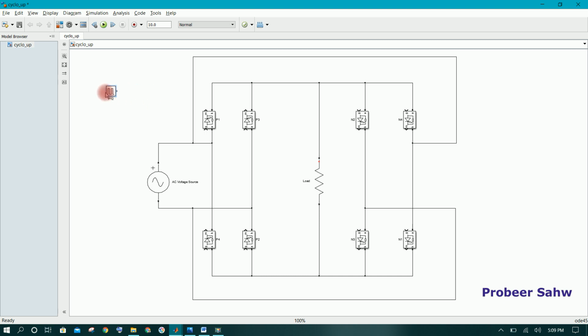So the output of this pulse generator, which will generate gate pulses to turn on the thyristors P1 and P2, will go to thyristor 1 and thyristor 2.